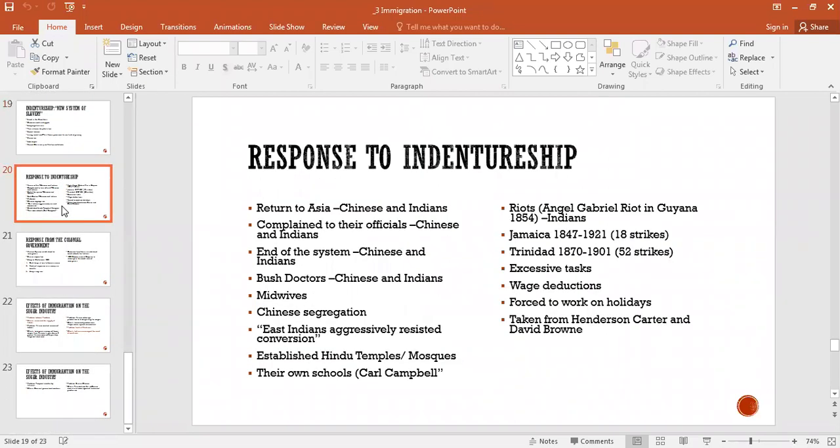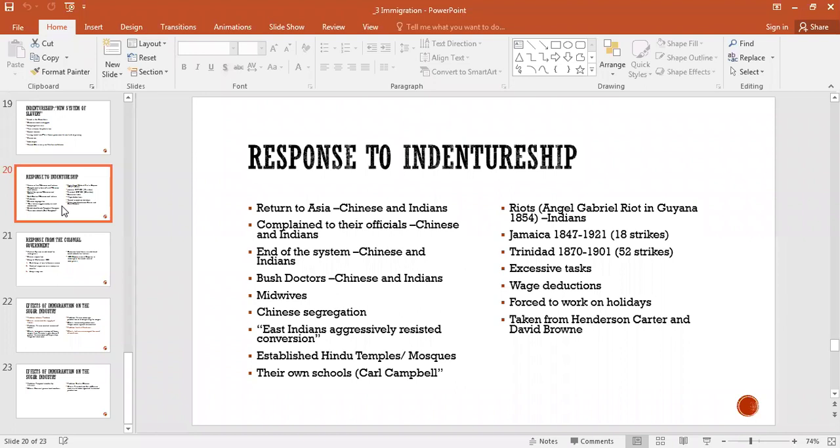So what are the Indians going to do, what are the Chinese going to do to respond to all of this? One, the Chinese and the Indians, most of them are going to return home. They're going to return back to Asia. They're going to complain once they reach back in China and India.